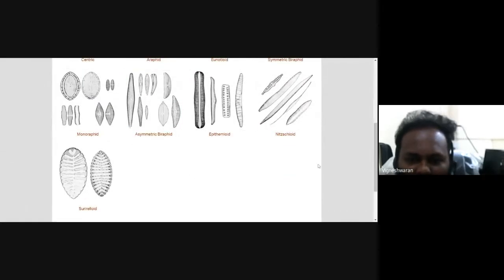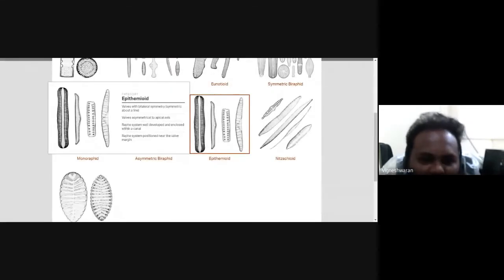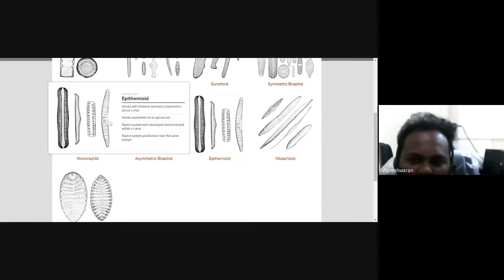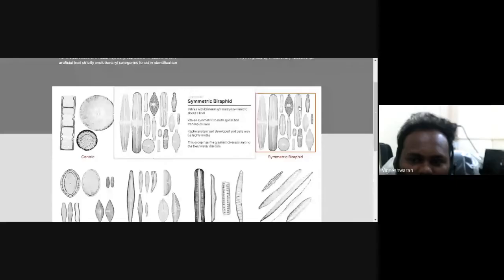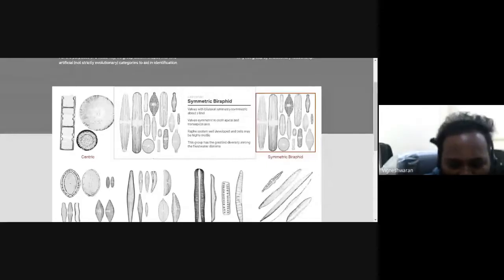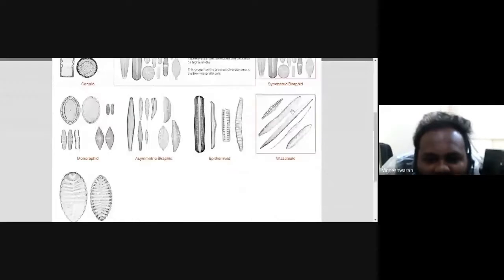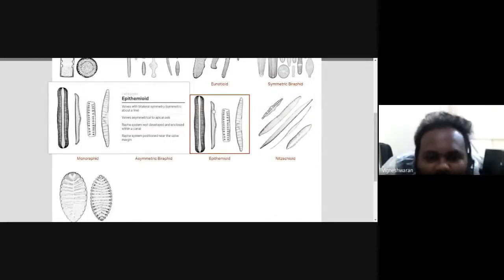So next one is epithemioid. This kind of structure is called epithemioid. In this epithemioid, raphe is present, but in symmetrical biraphid and others, raphe is present only in the middle of the diatom, running in the middle. In this epithemioid diatom, it is running from one end to another end.